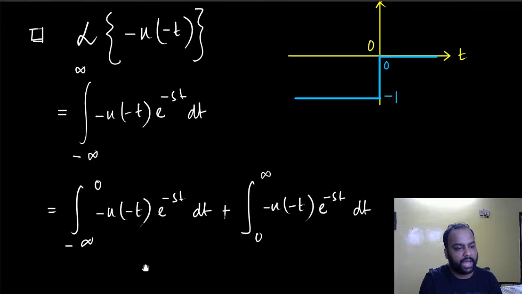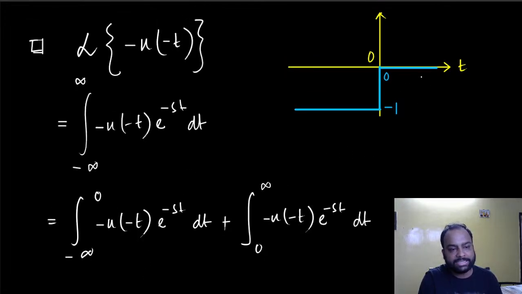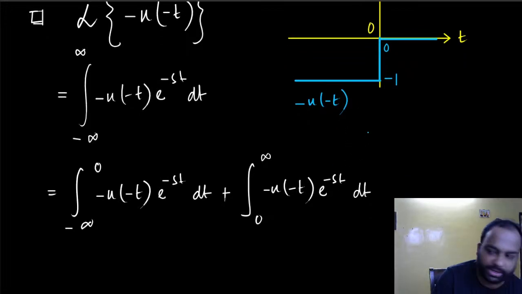And now look carefully. When t is positive, look at the plot. This is minus u of minus t. When t is positive, the value of minus u of minus t is 0, right?